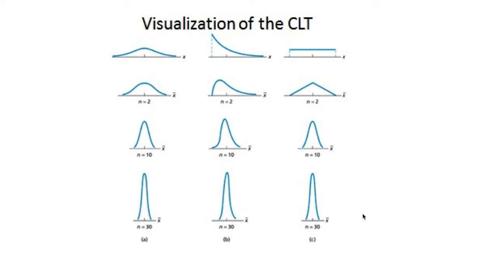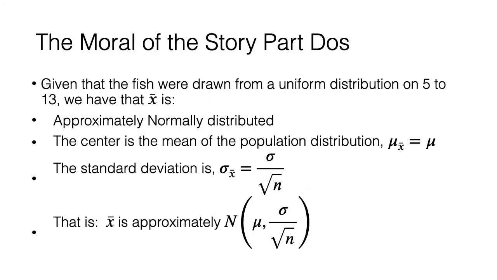So the central limit theorem gives us approximate normality as the sample size increases. And the moral of the story is when the sample size is 30 or larger, you get really good approximations. So that's our moral of the story for part 2: no matter the distribution, we're going to end up with normality. The center is going to be the same as the population mean, if we knew the population mean.